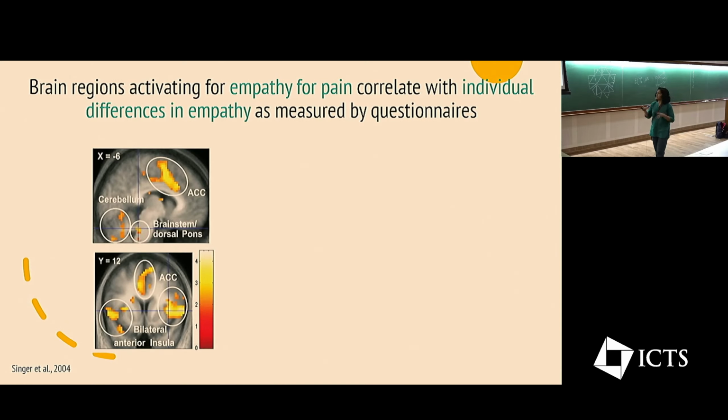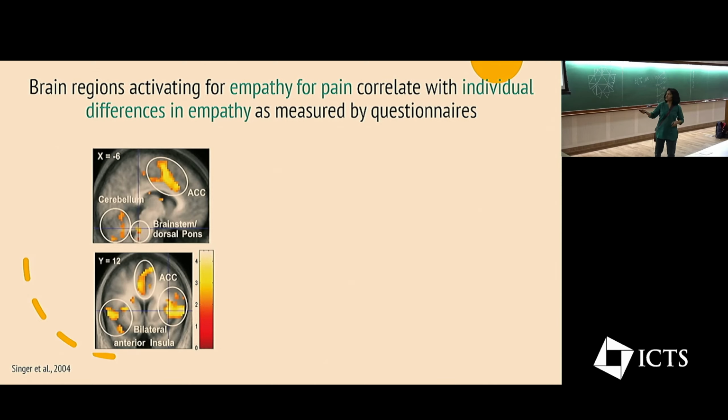So using these signals, people found that when they were shown signs on a monitor of someone that they loved, or their friend or their family member, was given pain, those periods were associated with the activity in two specific regions called ACC, which is anterior cingulate cortex, and anterior insula bilaterally.